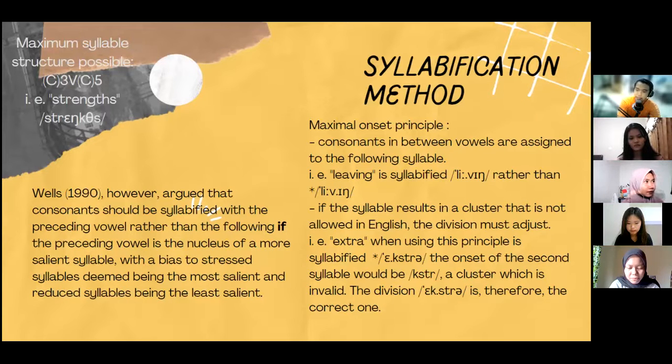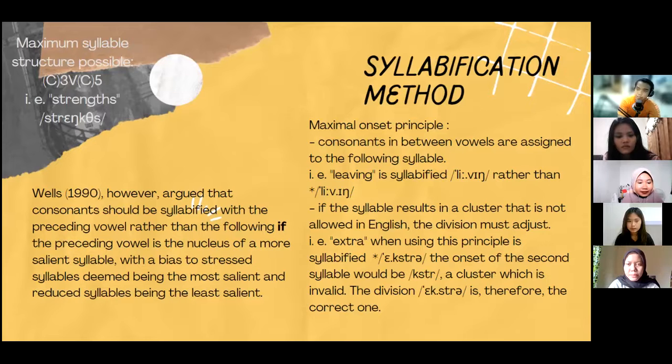For example, extra, when using this principle, would be syllabified as e-kstra, and the onset of that second syllable would be kstr, a cluster which is invalid in English. So the division ek-stra is therefore the correct one.